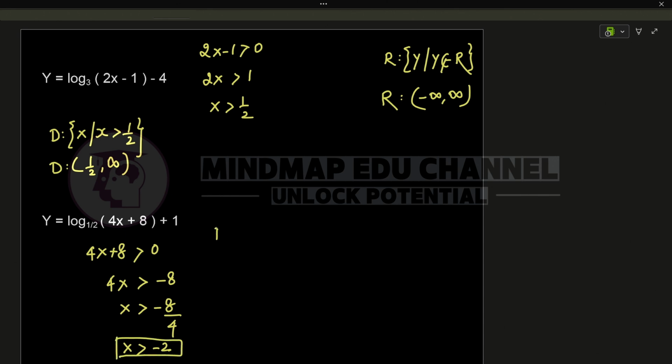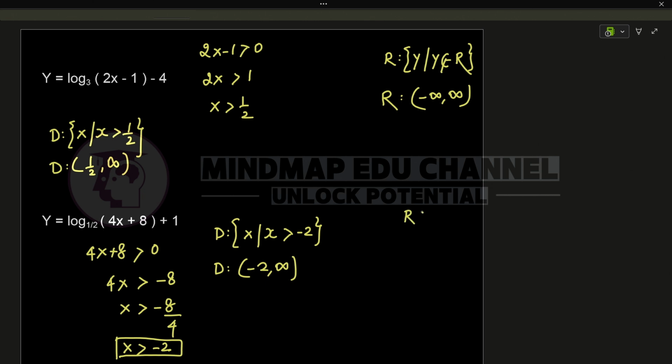Now, the domain will be the set of x values such that x is greater than minus 2. And in interval notation, the domain of this function will be from minus 2 to infinity.